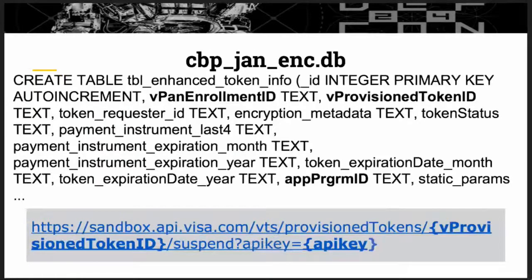If we see the structure of this database, we can find some of the fields that we need to update a token. This means if an attacker could find a way to decrypt or to get these provision token IDs, he will be able to update a token all the time, even if, for example, it's expired or disposed.